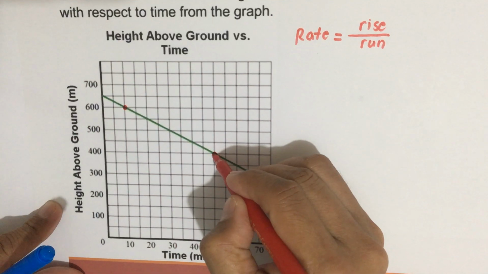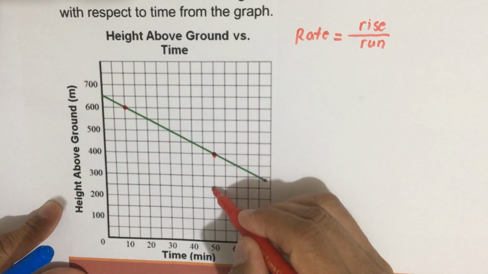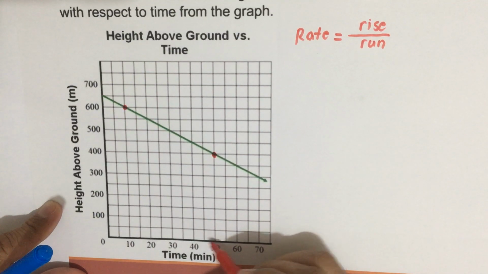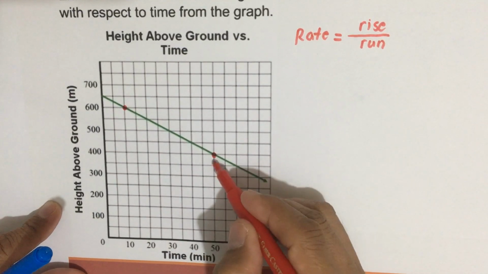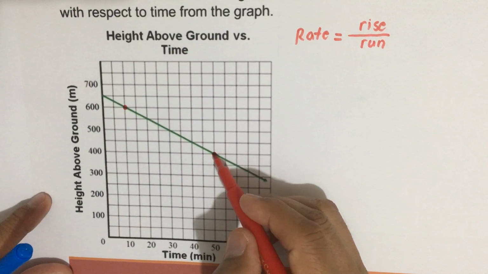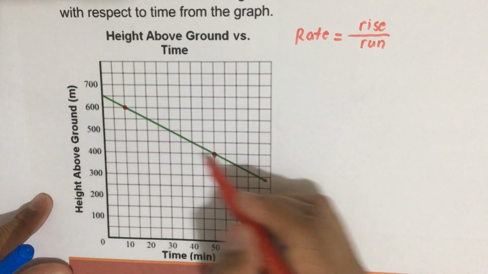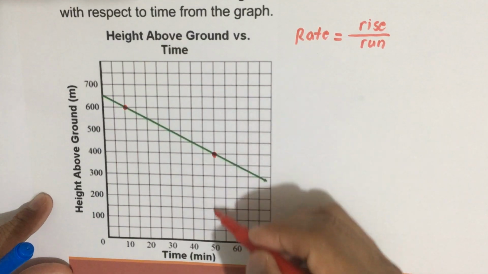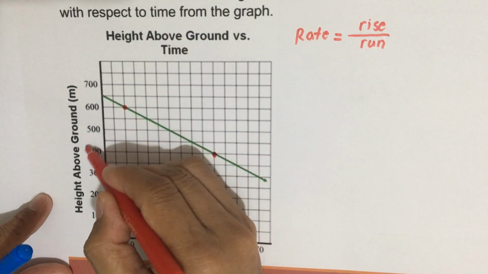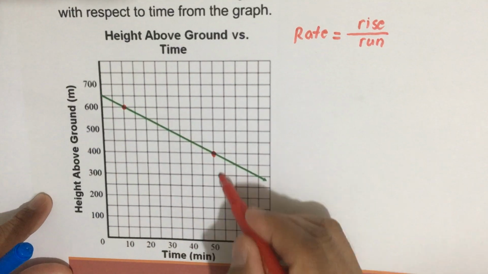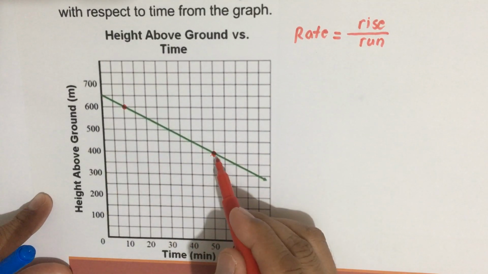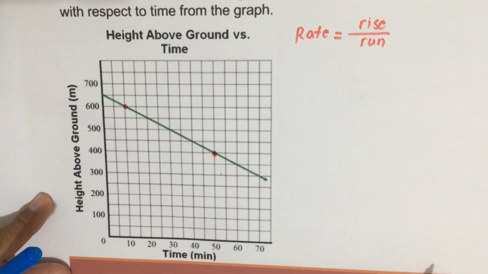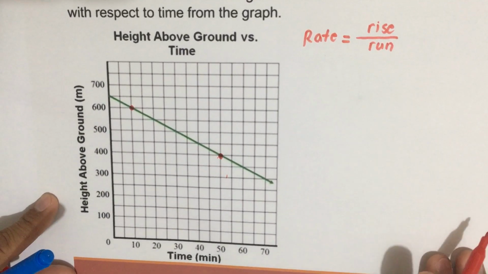From this point, I can easily see that the horizontal value is 50, and the vertical value is 400. So from here to there, the horizontal distance corresponds to 50 minutes.